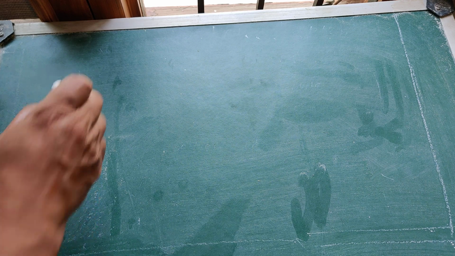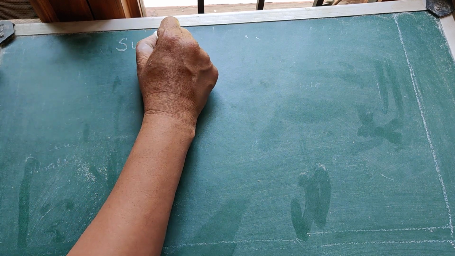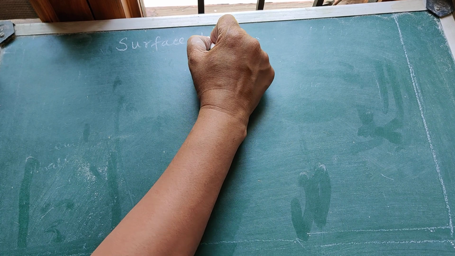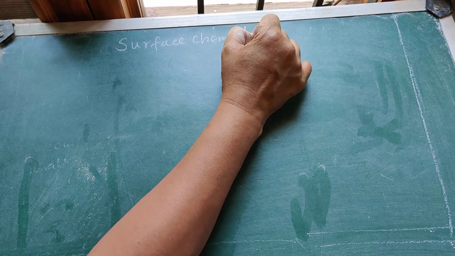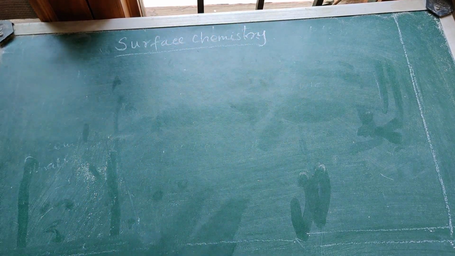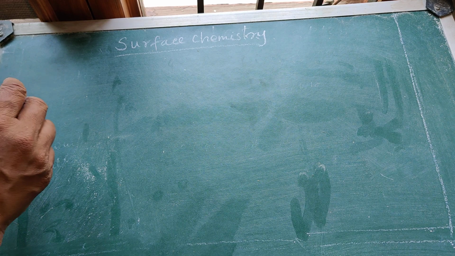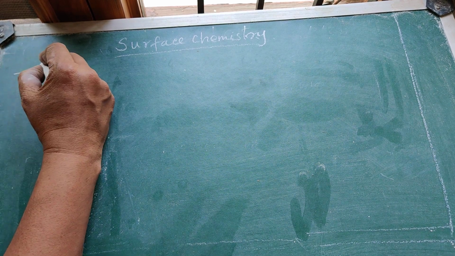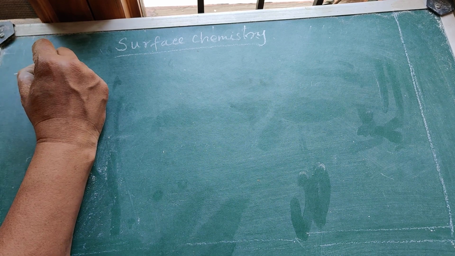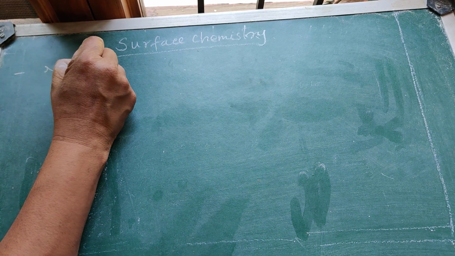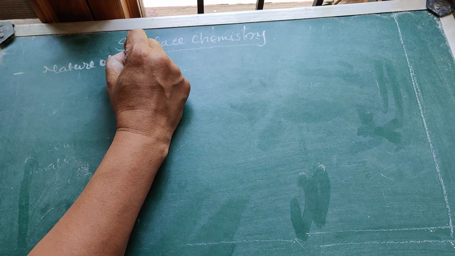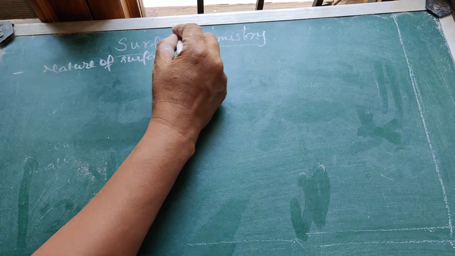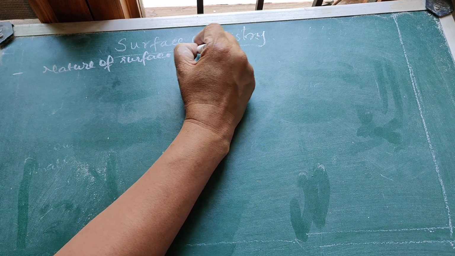I am going to start a new chapter, that is surface chemistry. This branch deals with the nature of the surface and the species present on it.